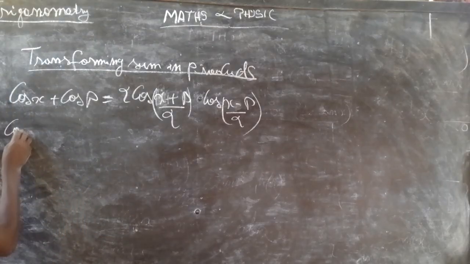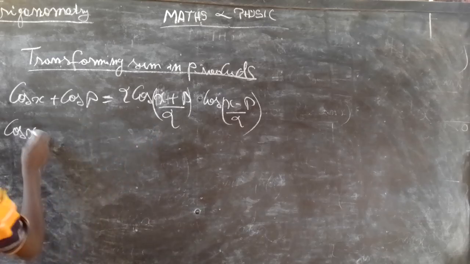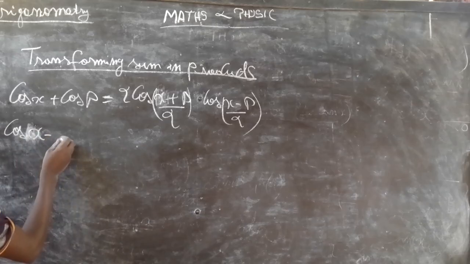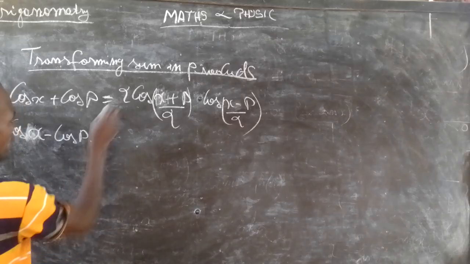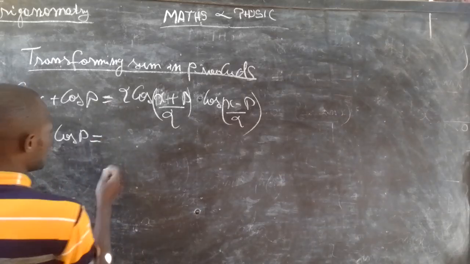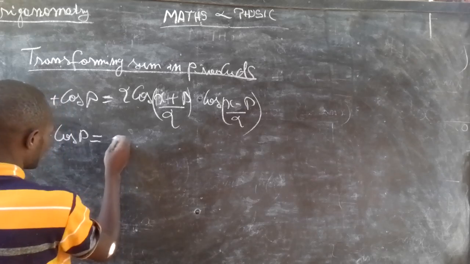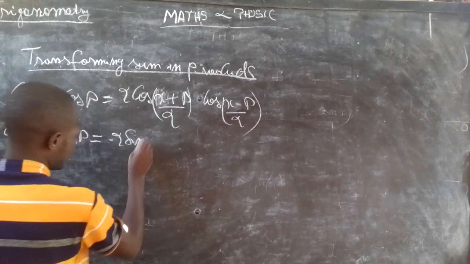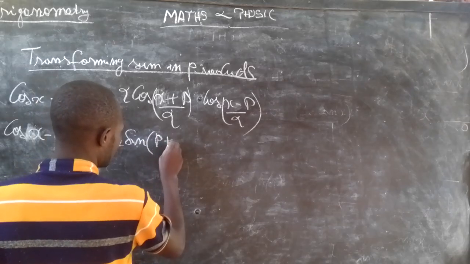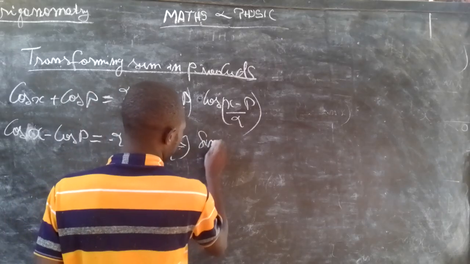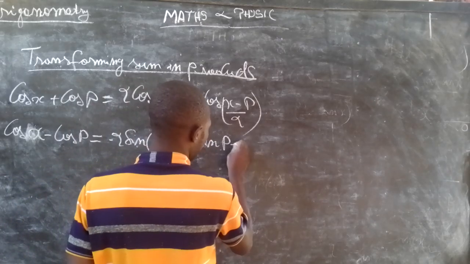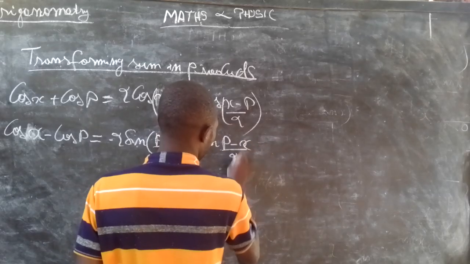Let's go to cosine x minus cosine p. According to the formula we have seen, this will be equal to negative 2 sine (p plus x) over 2 times sine (p minus x) over 2.